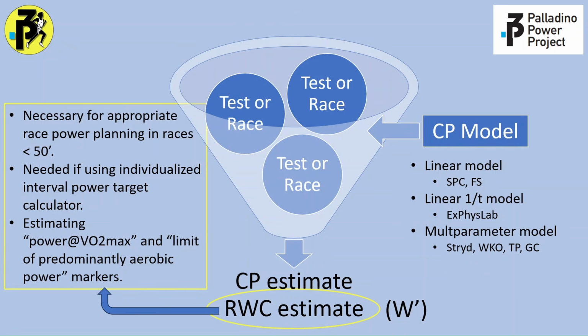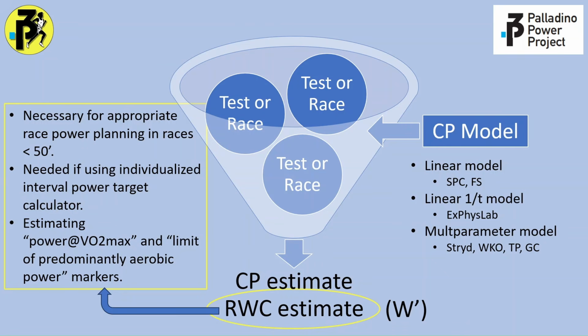And the other thing that reserve work capacity helps with is estimating power at VO2 max and the limit of predominantly aerobic power markers. So I'll generally use the 5-minute power estimate for power at VO2 max.